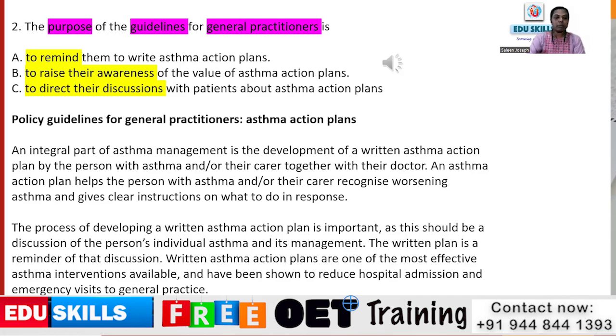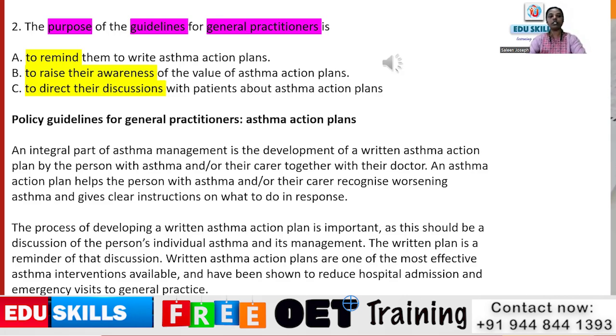That is, an integral part of asthma management is the development of a written asthma action plan by the person with asthma and or their carer together with their doctor. So here, who is writing the asthma action plan? It is the person with asthma. Okay, so they just take along their carer or the doctor, but the main person who is writing the asthma action plan is the patient.